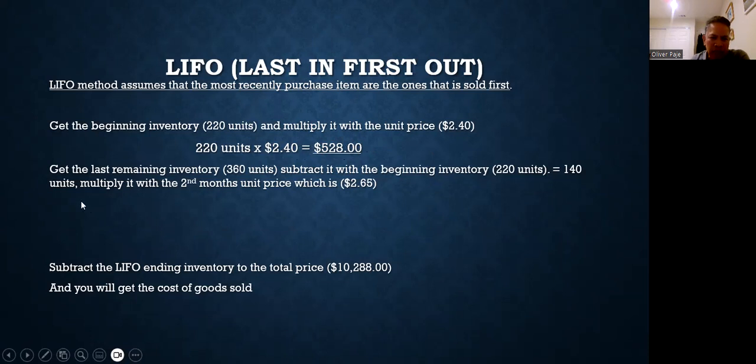So that's the first step to get the LIFO. And then the second step is you get the last remaining inventory, which is the last three months. Subtract it with the beginning inventory.